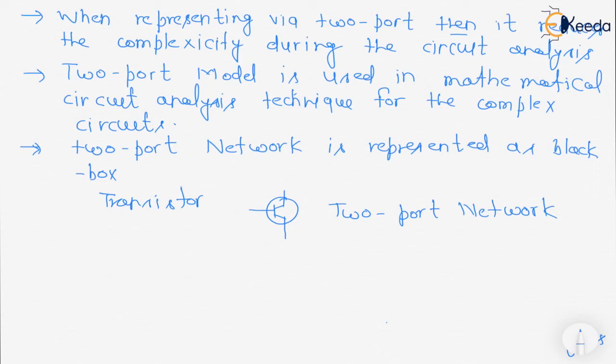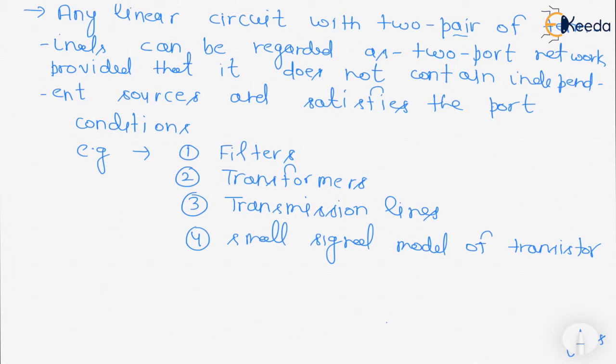And now we are going to write the exact definition of two-port network. Any linear circuit with two pairs of terminals can be regarded as two-port network provided that it does not contain any independent sources and satisfies the port condition.